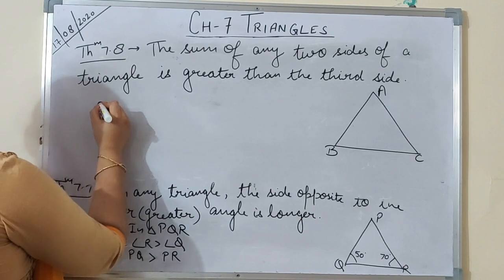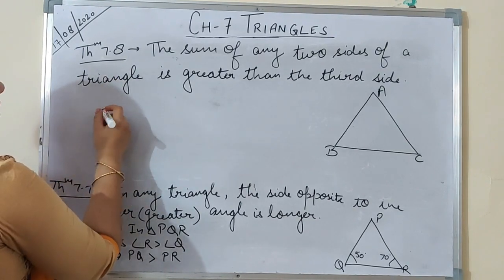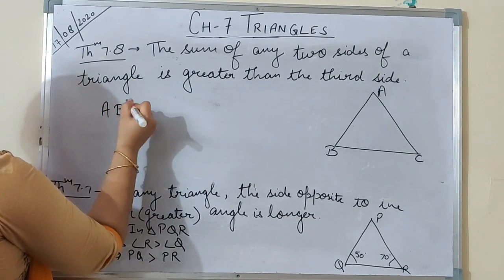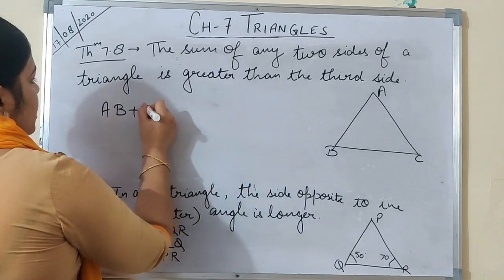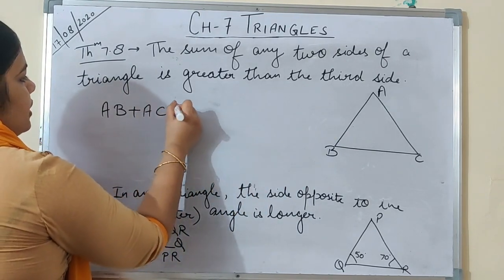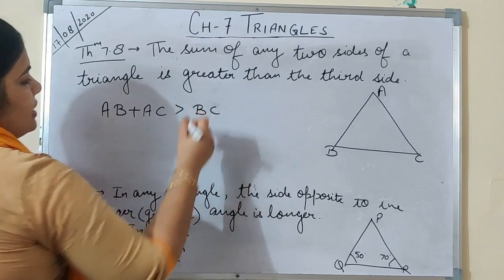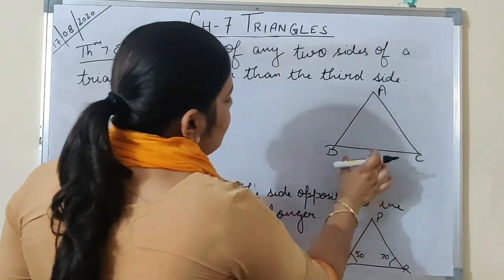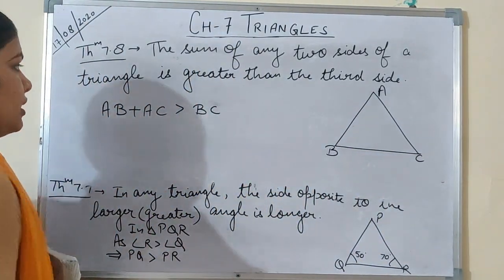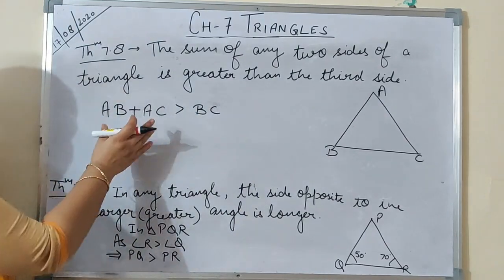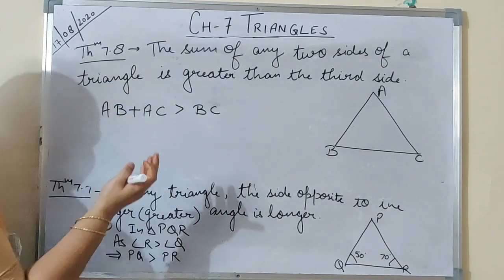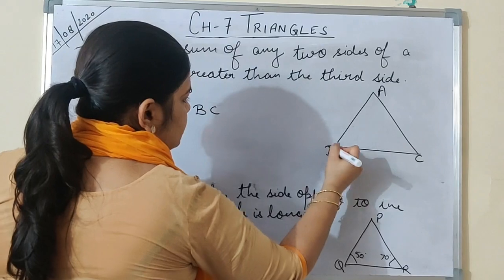So this theorem says that the sum of any two sides, AB plus AC, is greater than BC. That means the sum of any two sides will be greater than the third side. Only this is not enough. We have to prove three conditions for this theorem.